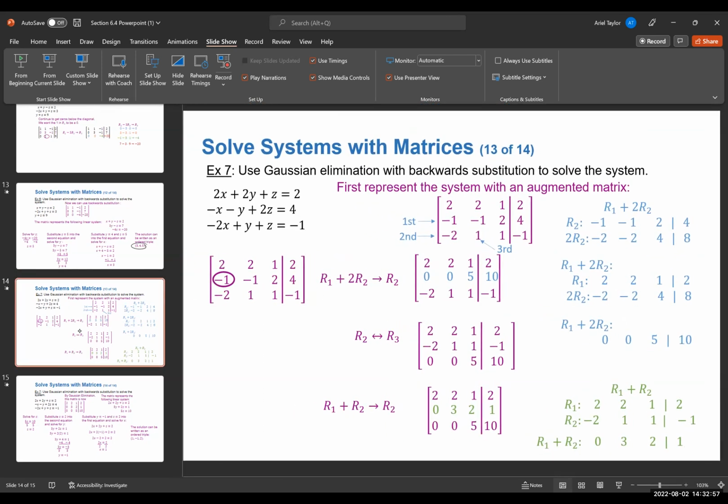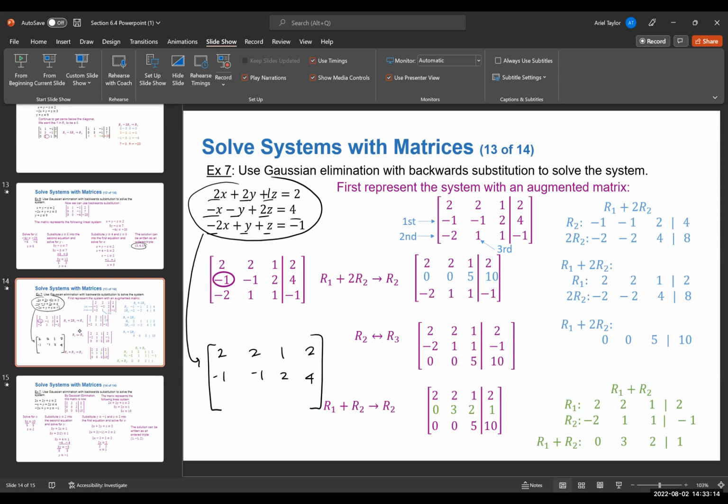So we're going to be writing this as a matrix. 2, 2, 1, 2. -1, -1, 2, 4. -2, 1, 1, -1. And we're going to type that in our calculator.